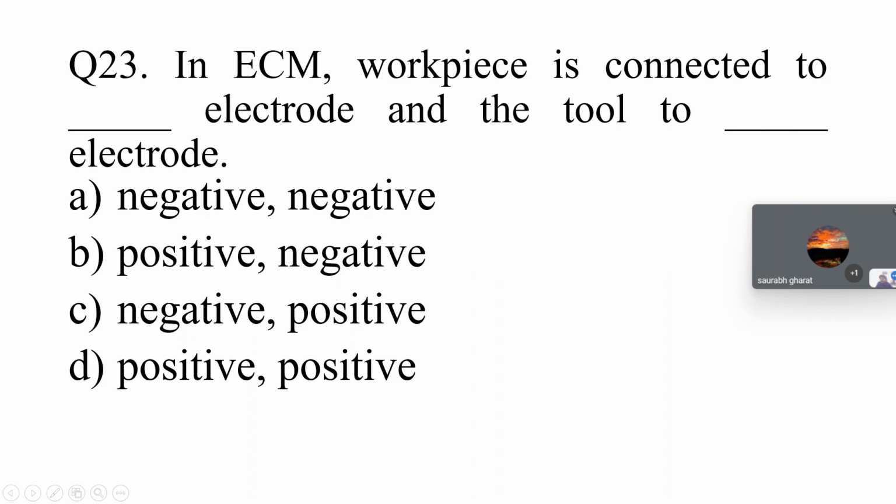So obviously negative will not be the correct answer, because current will not flow in these cases. So the workpiece is connected to positive, because electrons will be emitted from one point and deposited at a different point.